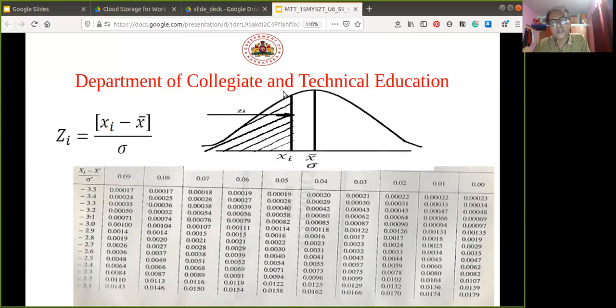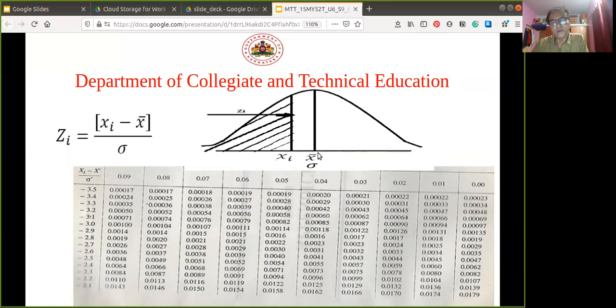It is a bell-shaped curve. The area under this curve is 100%, or I can say the area under this curve is equal to 1. At the center of the curve, we call it the mean, and then there are the standard deviations.